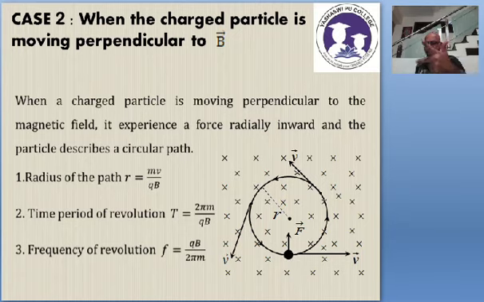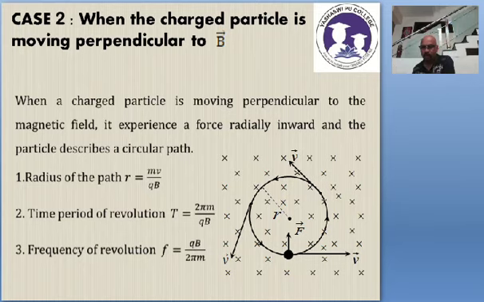You can apply Fleming's left hand rule. The forefinger represents the direction of the magnetic field, the middle finger represents the direction of motion of the charge, and the thumb represents the force. I have told you this in the previous session. So the force is acting upwards.